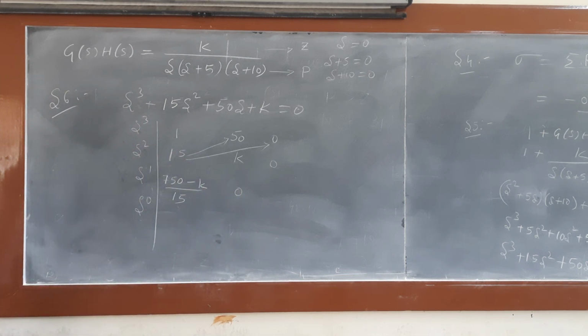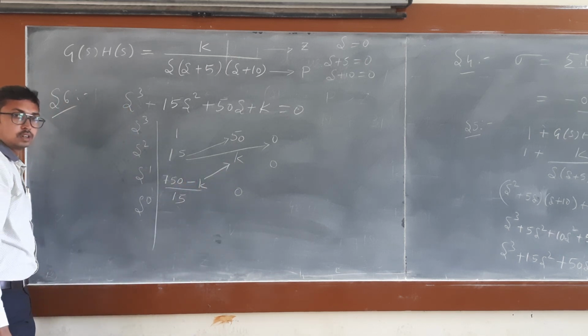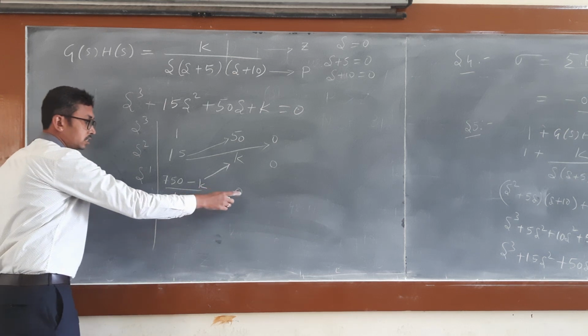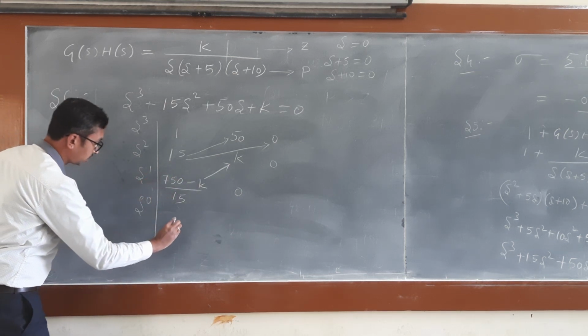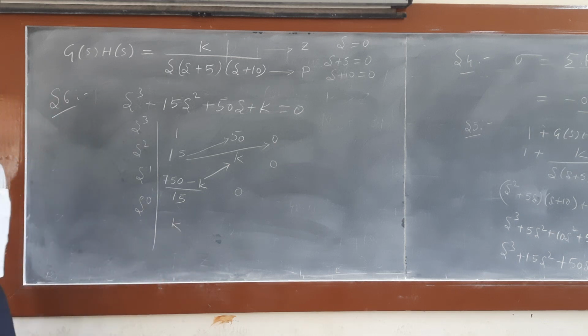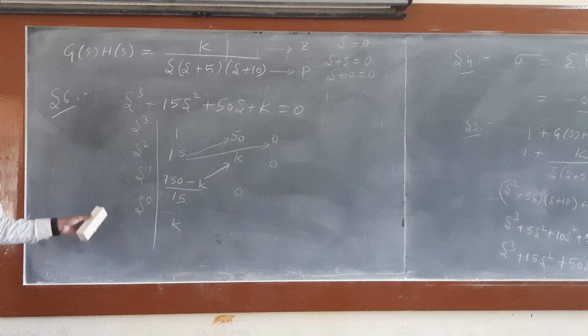Next I need to write another row: this into this, divided by, minus 0 into 15, divided by this. So we will be left with k. Is it clear? This is the RH method.